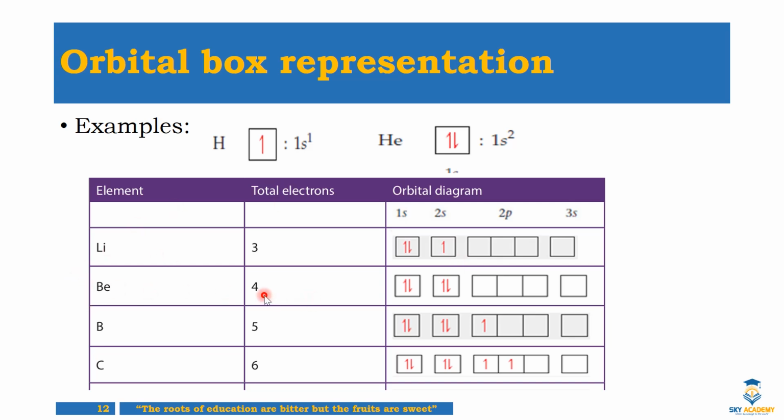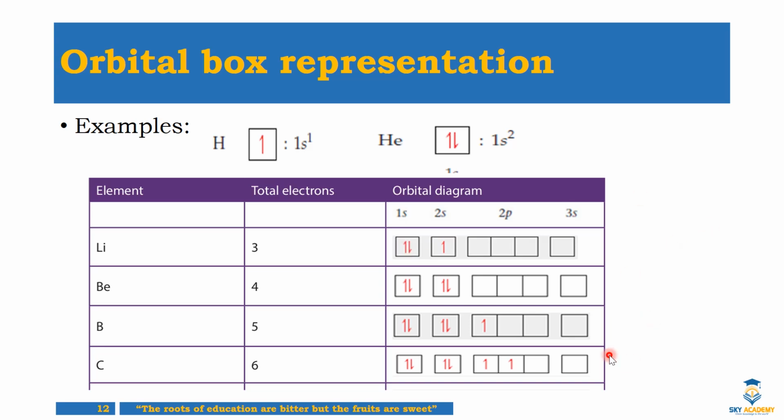Beryllium, with 4 electrons, will have 1s2, 2s2. In each box, one is spinning up and one down. No problem. They need to be put in a box.